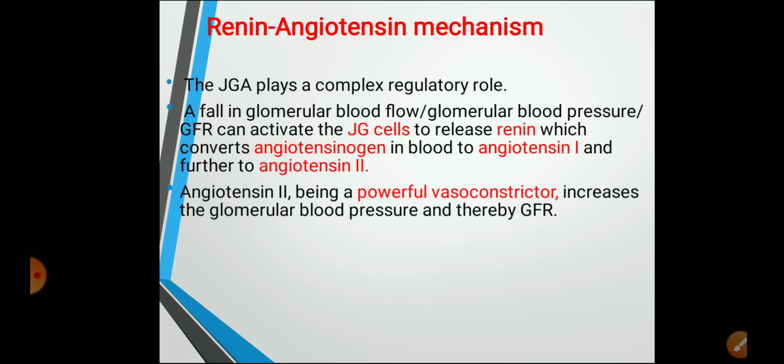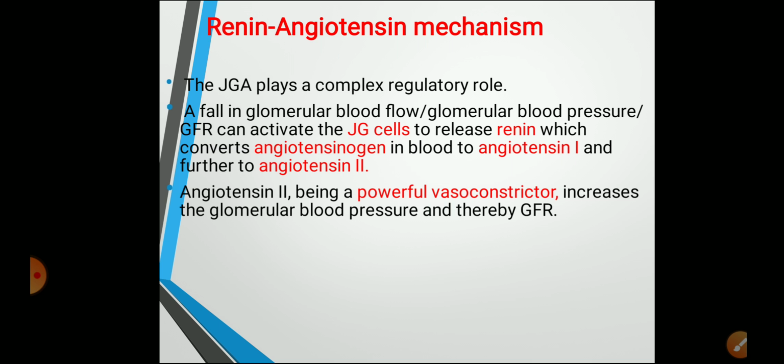Now, angiotensin 2 is a powerful vasoconstrictor. What's the meaning of vasoconstrictor? Vaso stands for blood vessels. Constrictor means it constricts the blood vessels so that they become narrow. When the blood vessels become narrow, more pressure will be exerted within the blood vessels and thereby the glomerular filtration rate will be higher.